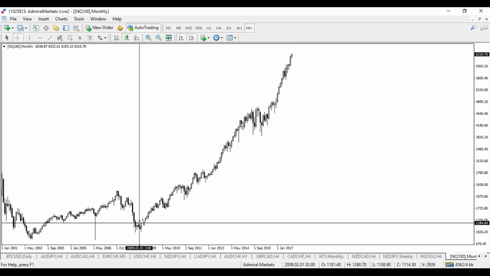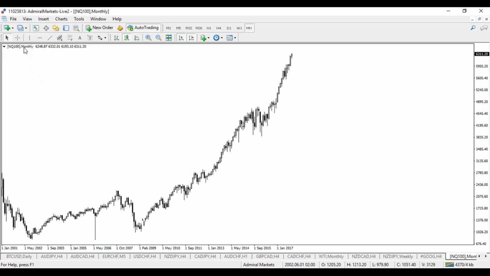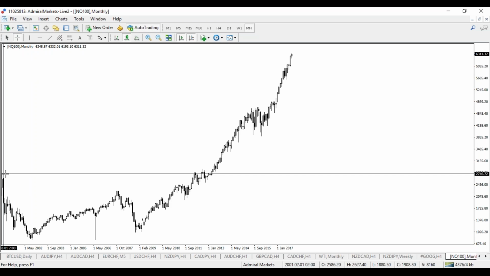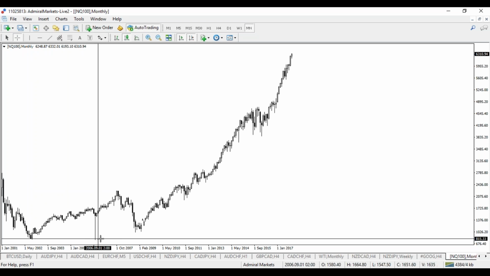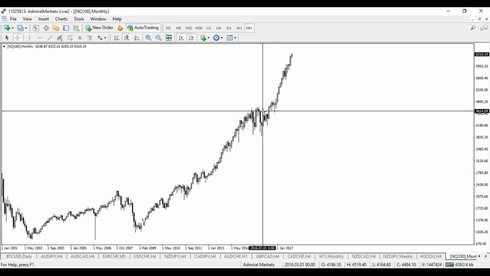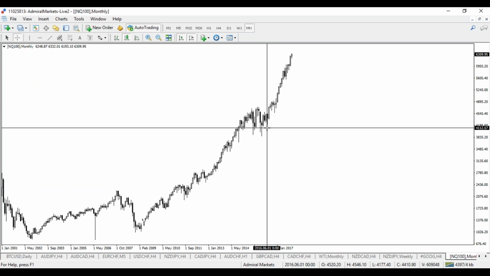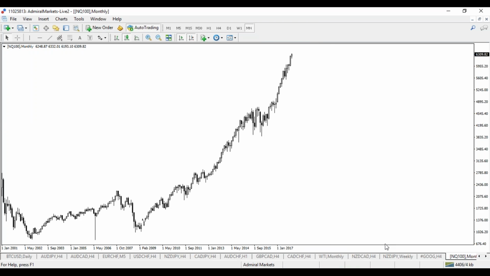That is quite a spectacular move up. Here you can see a little bit of a top at 2,700. Quite spectacular upside, even since mid last year when it was 4,000, now above 6,000.